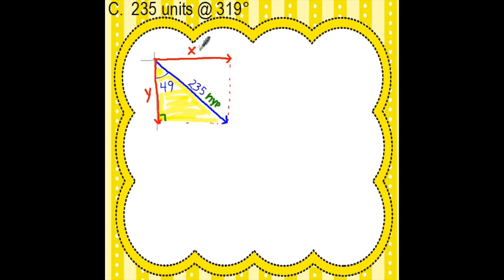235 is the hypotenuse, because that's across from the right angle. If that side's x, this side is x, and that's the opposite in my yellow triangle, and this is adjacent. I know when I break into components, it's always going to be sine and cosine. You might want to just set it up like this. You know they both have a hypotenuse on the bottom, and that's 235.